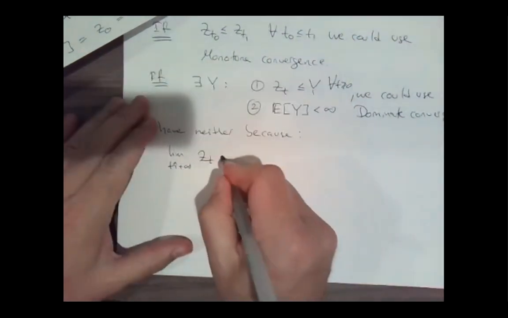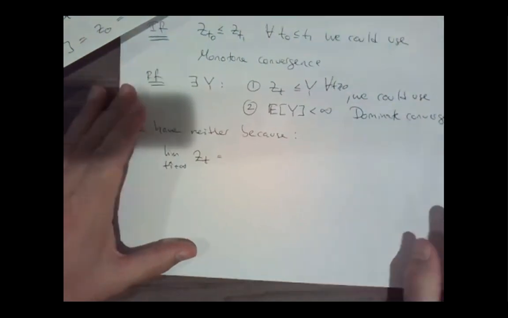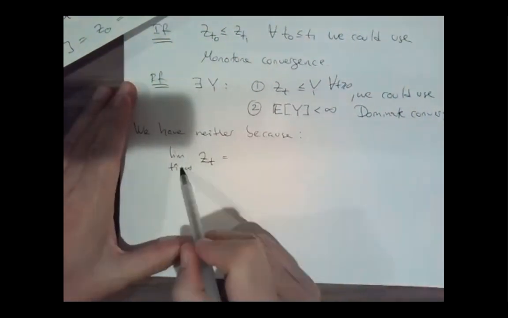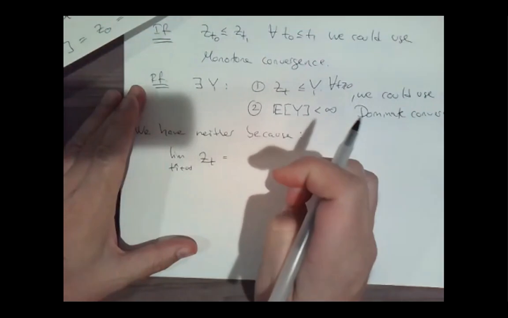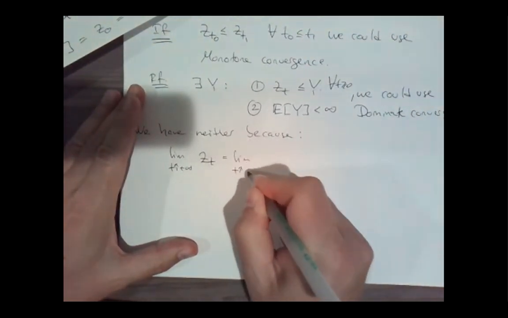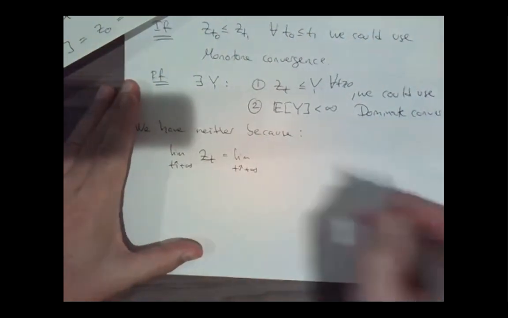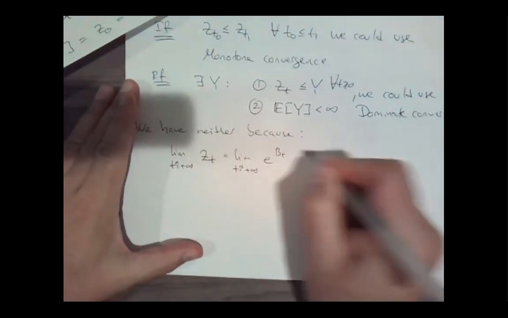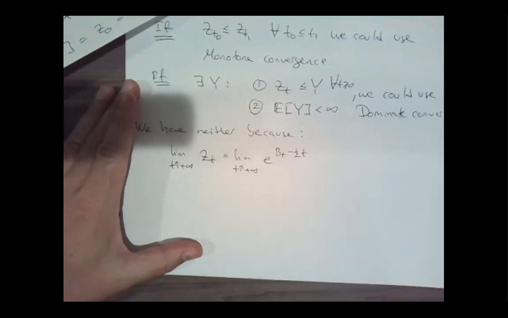Well, let's write out what this here is. This would be the limit as t goes to infinity of e to the B_t minus 1/2 t.